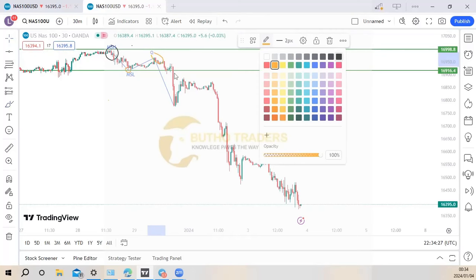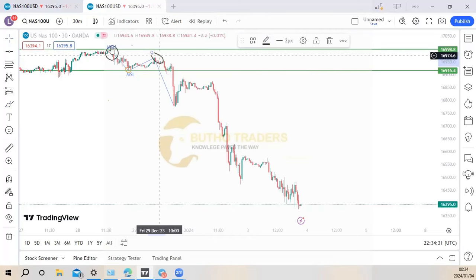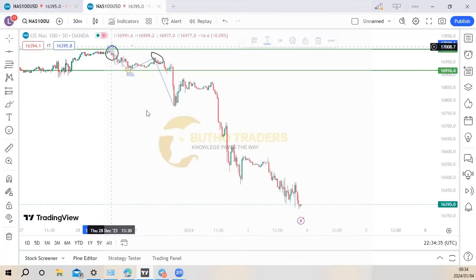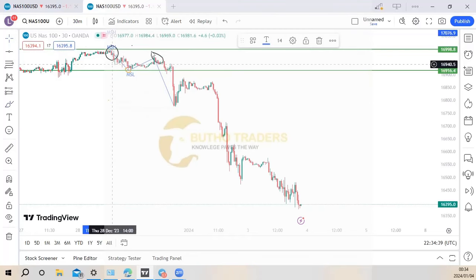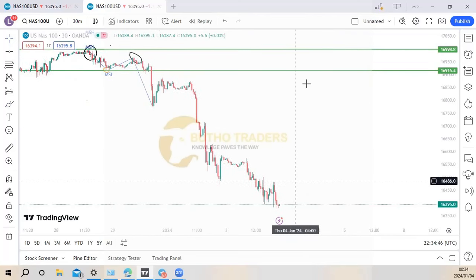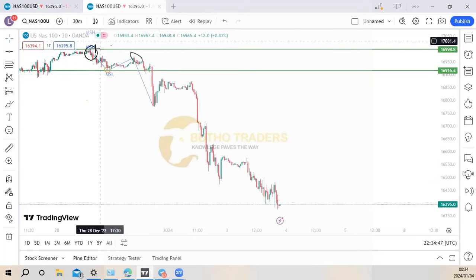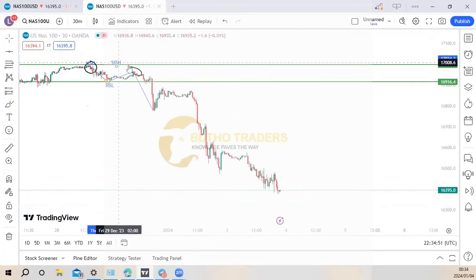This now is automatically approved as a major swing high.